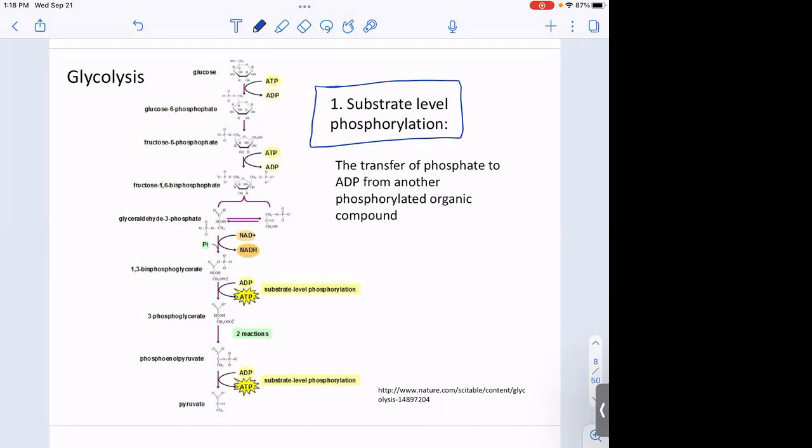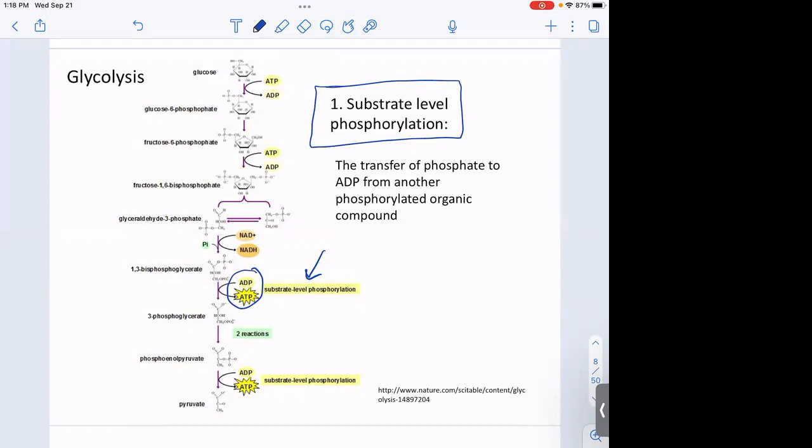But for instance, here in glycolysis, at the later steps, this molecule 1,3-bisphosphoglycerate has 2 phosphates on it. Okay, so one is peeled off and added to ADP to make ATP. That's our first substrate level phosphorylation.